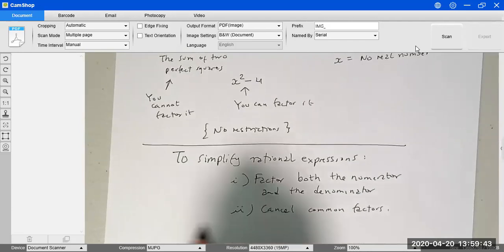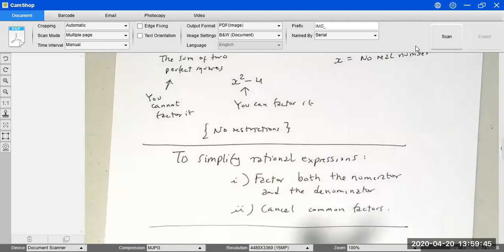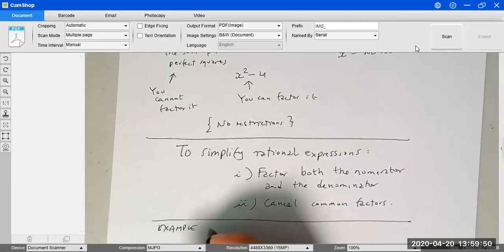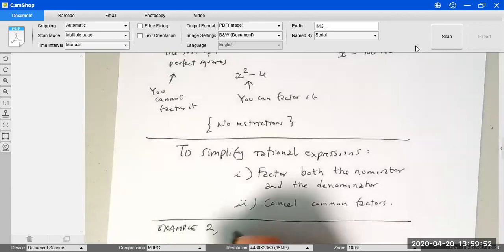So let's try some examples. We're gonna start with example 2 on page 487.